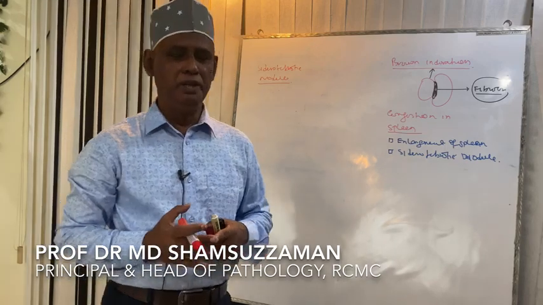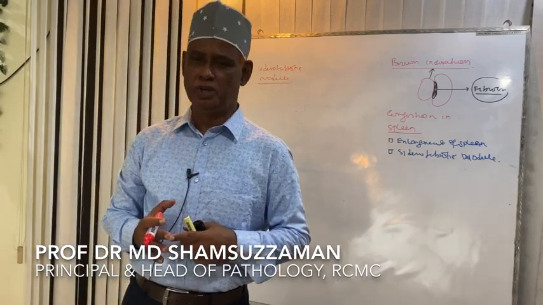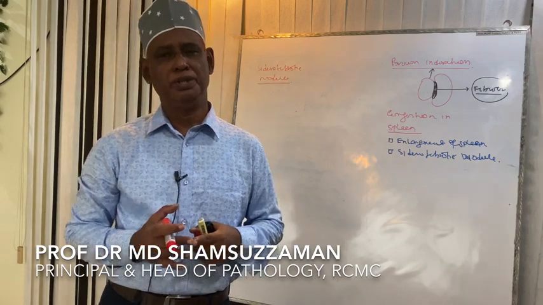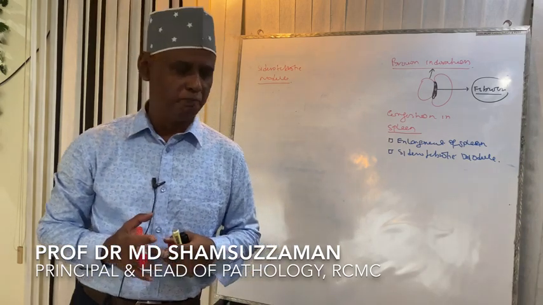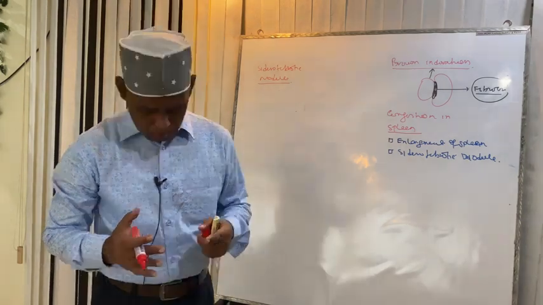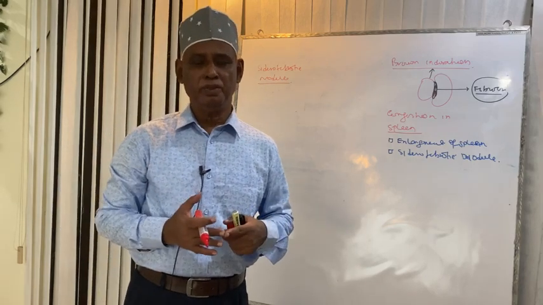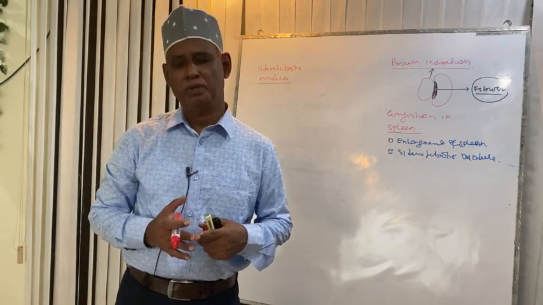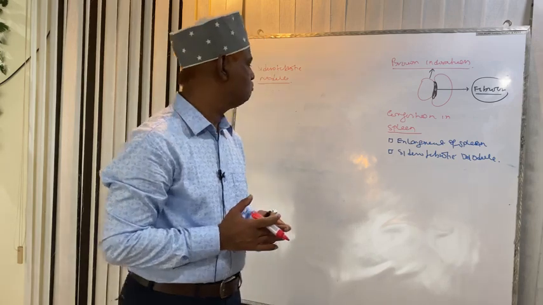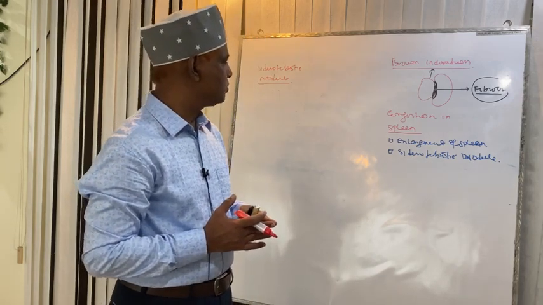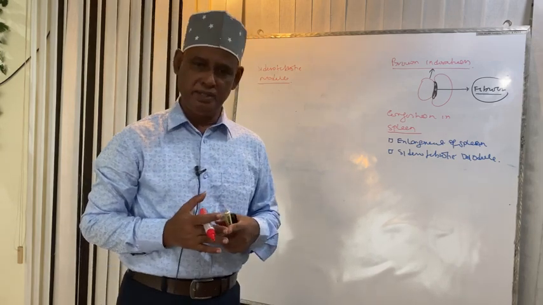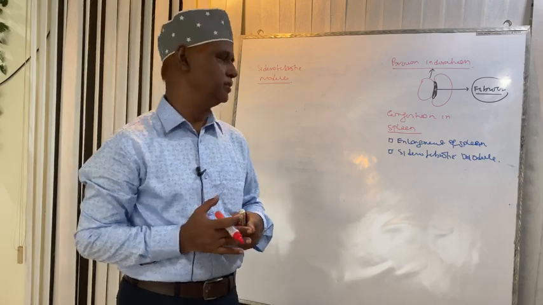If there is congestion in the liver following congestive cardiac failure, in acute stage there is chance of development of nutmeg liver. In the chronic form, there is development of cardiac cirrhosis. As the cirrhosis follows cardiac disease, it is called cardiac cirrhosis.